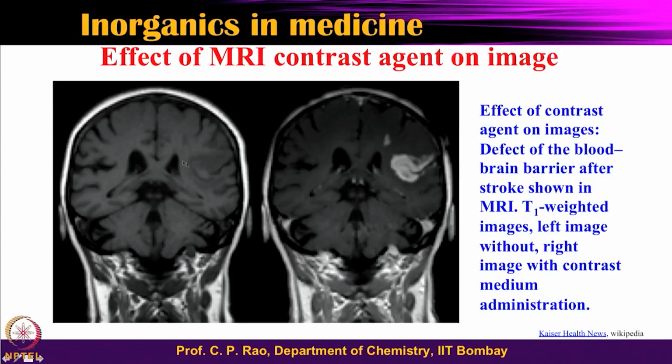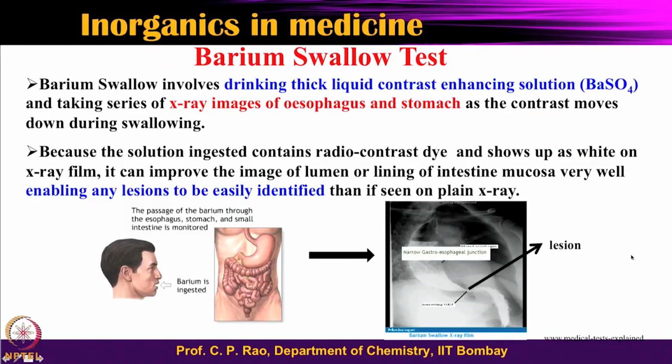This part is without the contrast agent, and this part is with the contrast agent. Here you cannot see much difference in contrast, but here you can see a lot of contrast difference. Wherever there is a problem, it is seen much more clearly on the right hand side, which is done using the MRI contrast agent. The left side is without the MRI contrast agent.